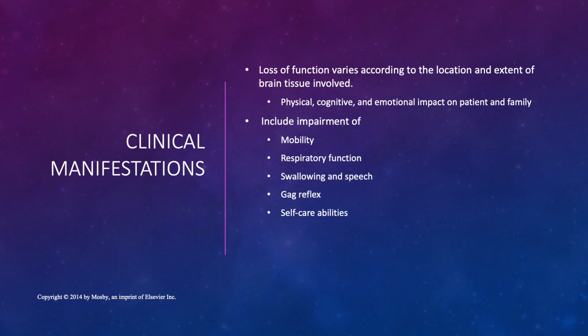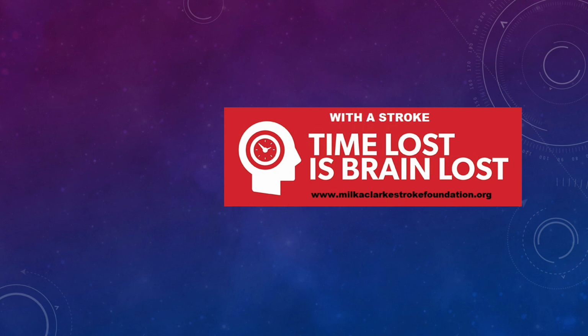It's kind of terrifying to have a stroke, and it's terrifying to have a family member have a stroke. Mobility can be impaired, respiratory function can be impaired, swallowing, speech, gag reflex, and the ability of somebody to take care of themselves. So remember that time lost is brain lost.